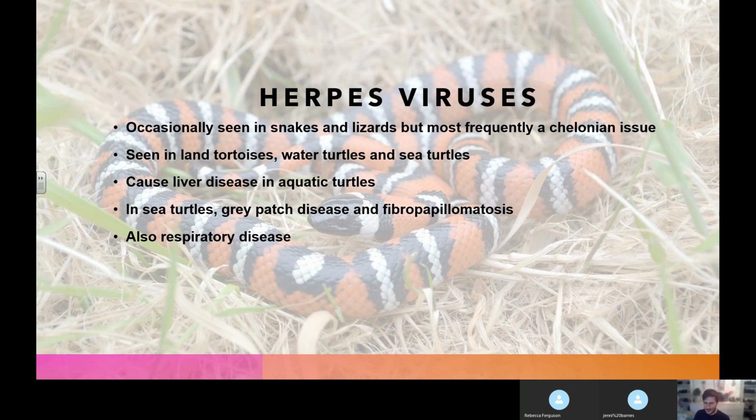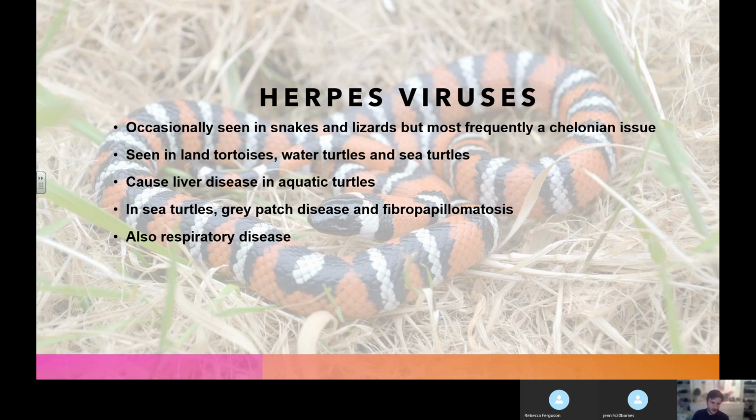And herpesviruses obviously can affect lots of species. They affect humans. And people with cold sores will be well aware that, like a lot of these viruses that we're going to mention, but certainly with herpesviruses, once you've got them, you've got them. Once you've got herpes, you've got herpes for life. And that's the case with reptiles as well.